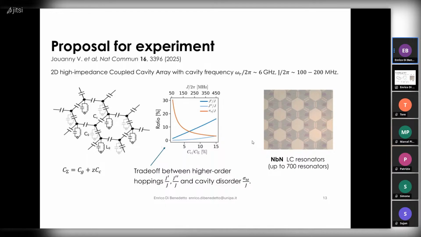So you are no longer limited by having to print a certain geometrical shape in order to increase the inductance of your system, which means that now you can realize very compact coupled cavity arrays, which allows you to print hundreds and hundreds of resonators on a millimeter-sized chip, which before was not possible. This has been benchmarked and demonstrated by Van Sant in this paper, in which I think they also scaled to 300 cavities in a single chip.